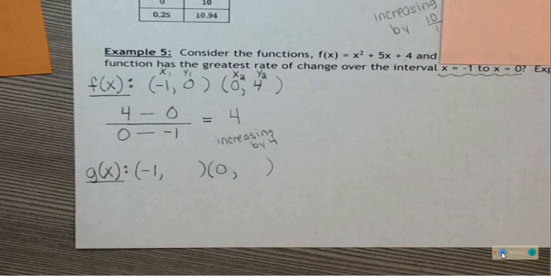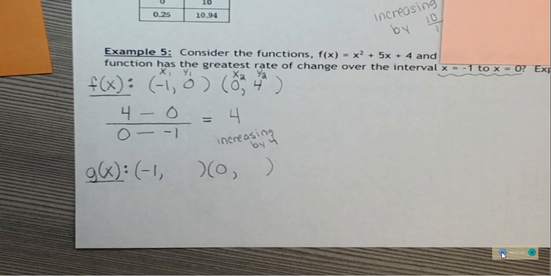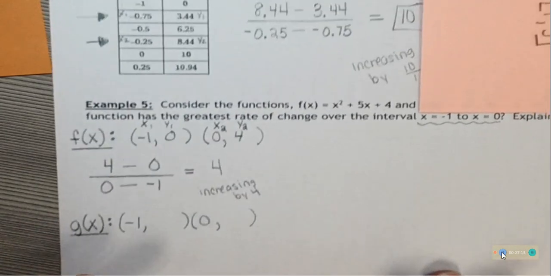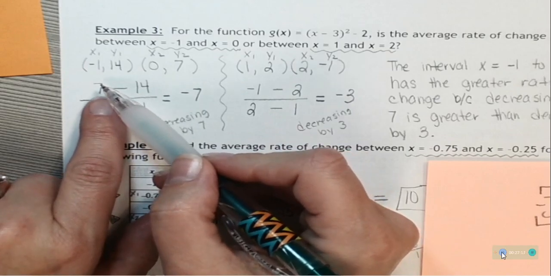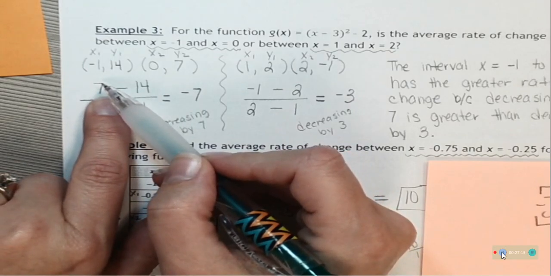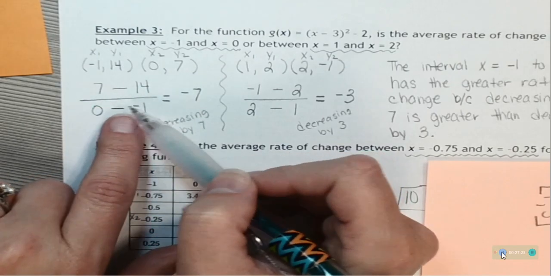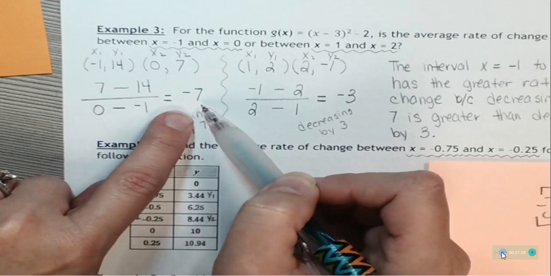Wait, so on the first one, how did you get 7 through negative? On example 3? Oh, so on that one, it would have been 7 minus 14 is -7. Minus the negative would be positive 1. So it was -7 divided by 1 to be -7.